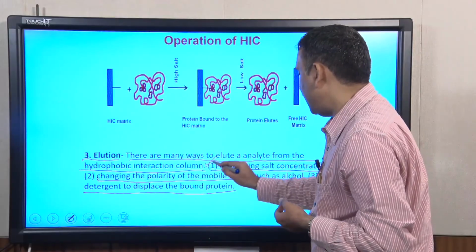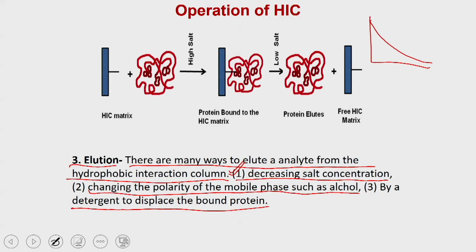The method number one, which is decreasing the salt concentration, is the mild method, because it is not going to affect the protein's stability or the protein's activity.